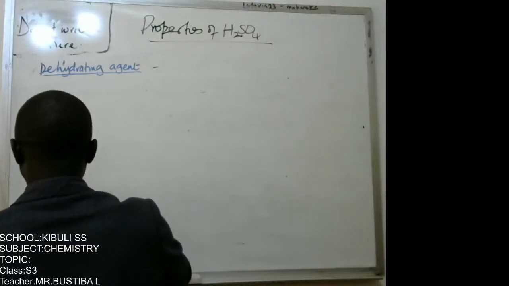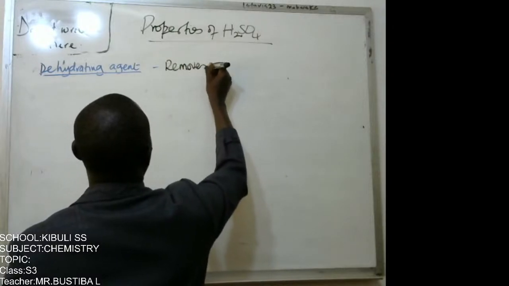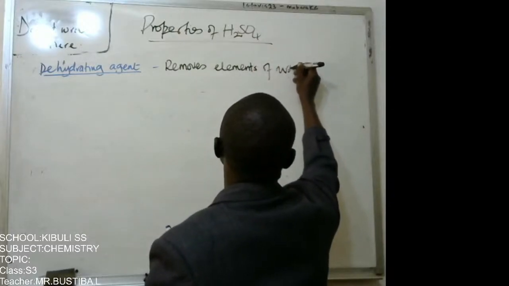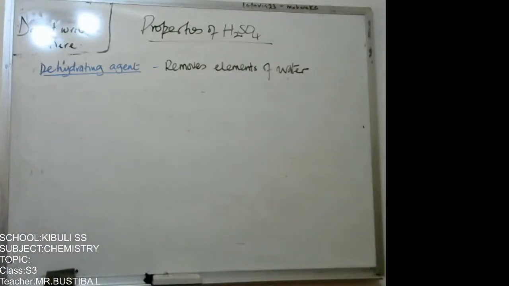So in chemistry we say it removes elements of water from a substance. So what are the elements of water? Hydrogen and oxygen, which the two combine and give off water. So it removes the elements of water. It explains why we use it as a drying agent to dry what? Gases.